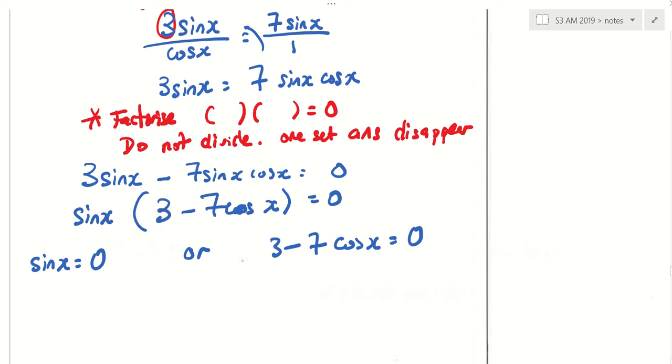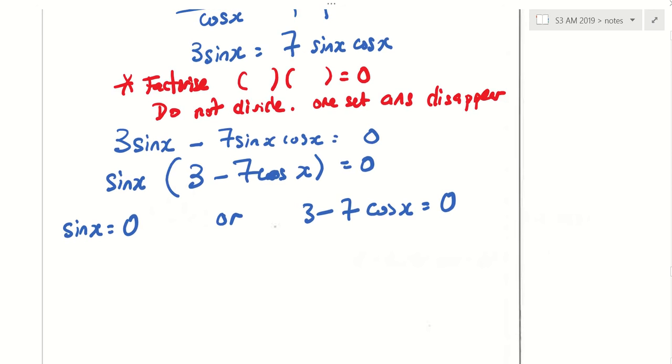Now, solve separately. Can we do the first one here, sine x? So as I take down, you take down. So sine x equals to 0. First thing, find what? Reference angle. And everyone go through the procedure with me. Sine inverse 0, what do you get? 0.